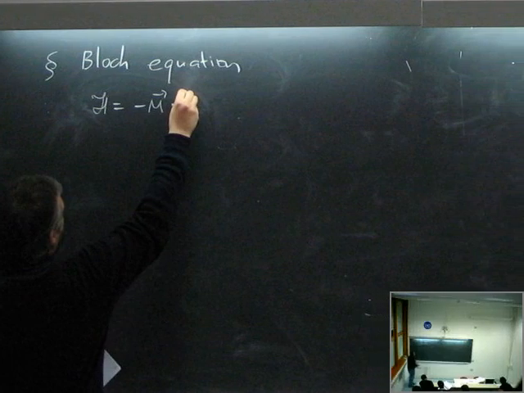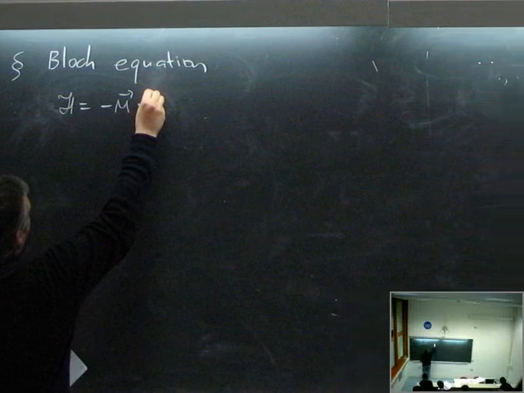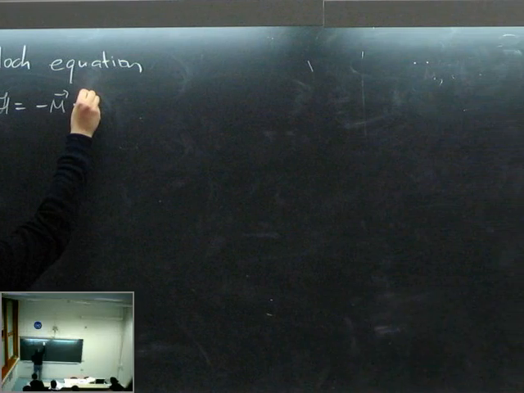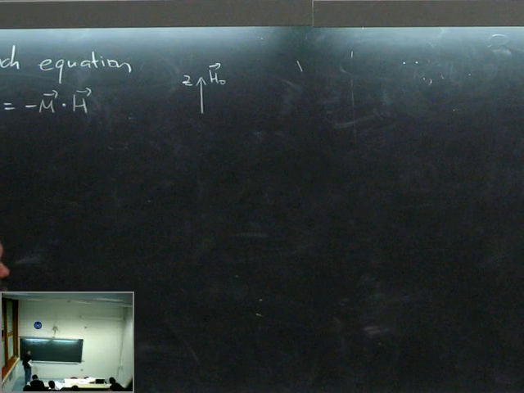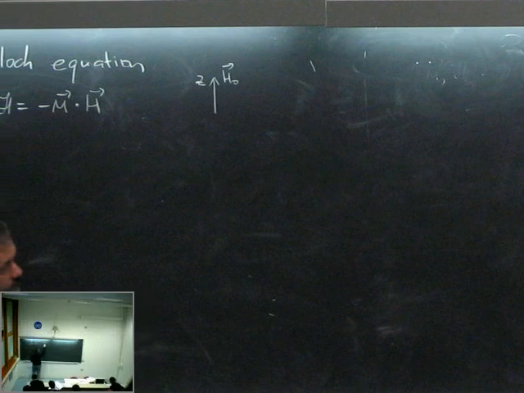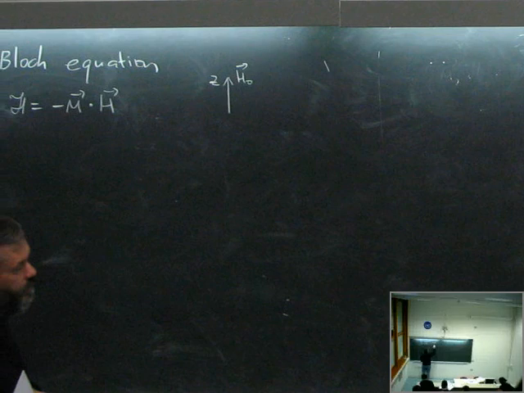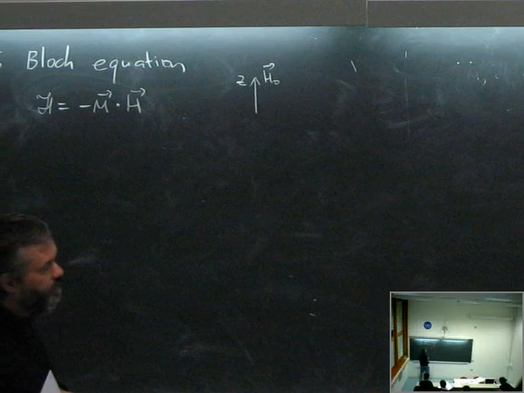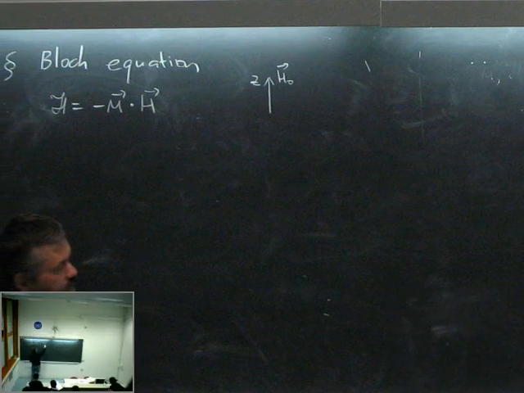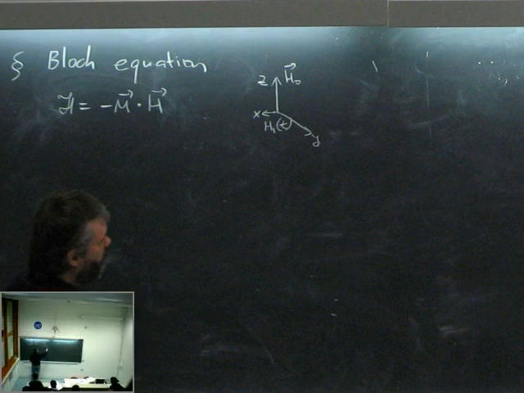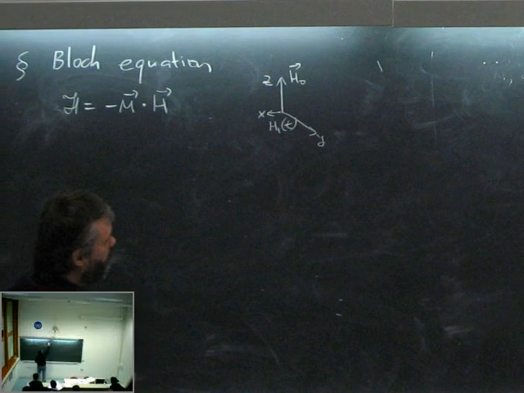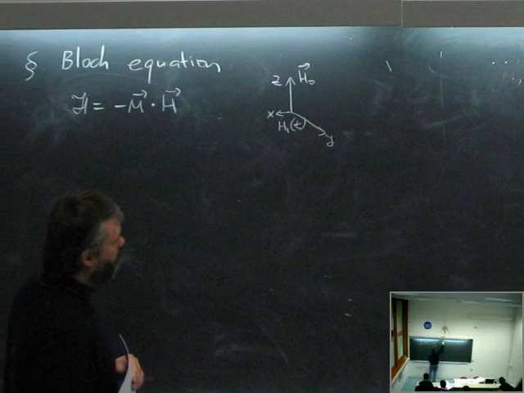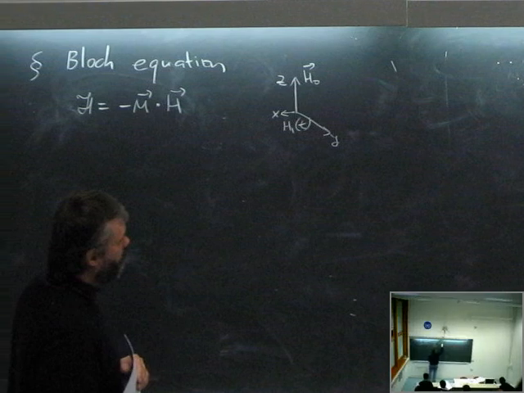Now, I will assume that h has a component h naught, and I will take z direction along the static component, and there is a small time-dependent component h1(t) along x direction. So this is x, this is y. So my magnetic field H is equal to (h1(t), 0, h naught).